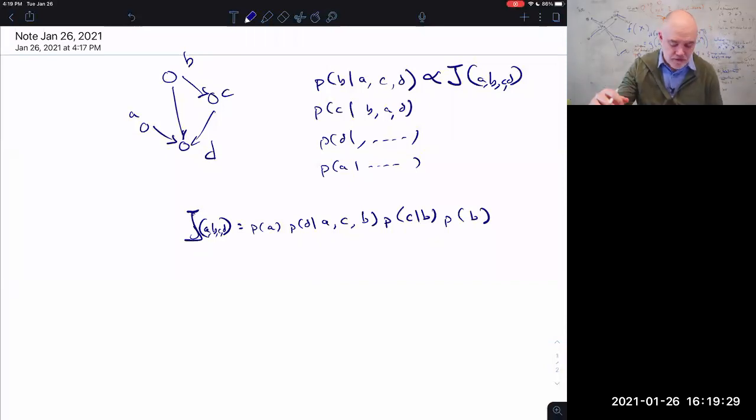Because it's just hiding the normalization constant, which means that when you're doing Gibbs sampling, or Metropolis within Gibbs, a couple of things happen, right?